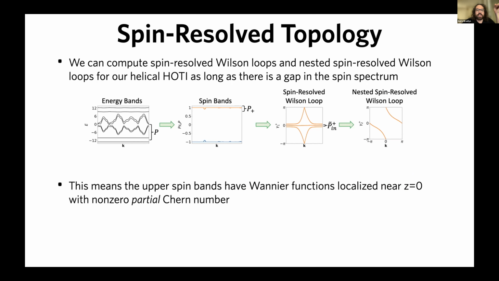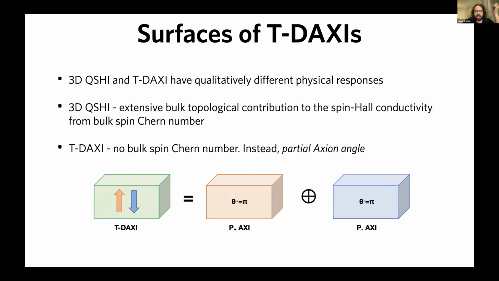Once you have the projector, you can compute a Berry connection, like P plus commutator of P plus with the derivative of P plus. And then you can compute the third Chern-Simons form for this Berry connection, and that gives you this theta plus. So theta plus is the so-called partial axial angle.